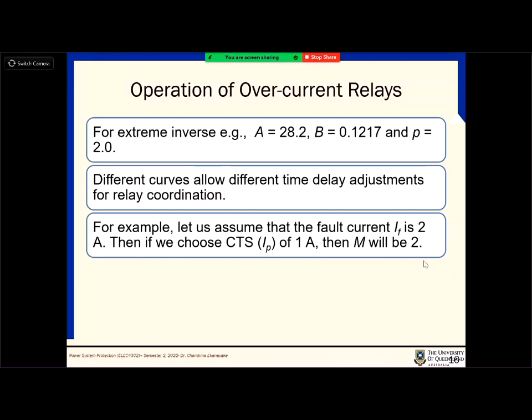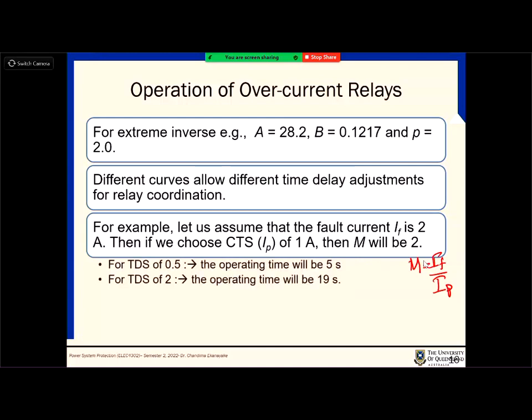M is always the fault current divided by the pickup current, as given in the previous slide. If you take that M value and find the operating time, with TDS equals 0.5, the operating time will be 5 seconds. And if you use TDS 2, the operating time will be 19 seconds.